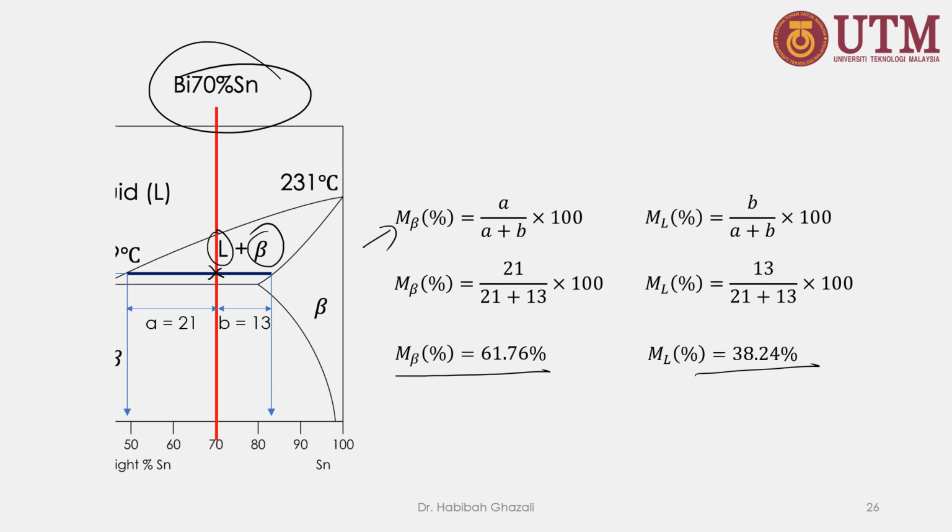So imagine if you start with 1000 kilograms of molten metal at 150 degrees Celsius, about 617.6 kilograms has already transformed into solid and the remaining is still molten metal.